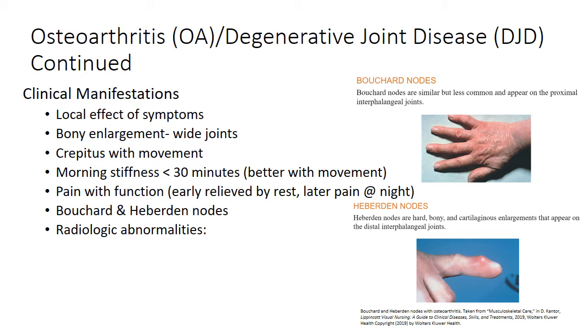We can see these in patients with osteoarthritis. At first, the nodes might be red, swollen, and painful, and eventually they become painless, but they are associated with limited joint mobility. And when we are looking at the joints through radiologic imaging, we can see physical abnormalities.